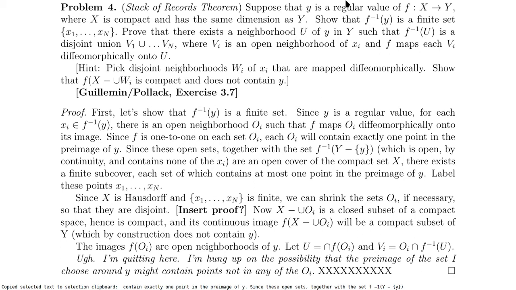So wait, U is the intersection of all these open neighborhoods. You take the preimage of that. What is that going to be? I feel like it should be a subset.